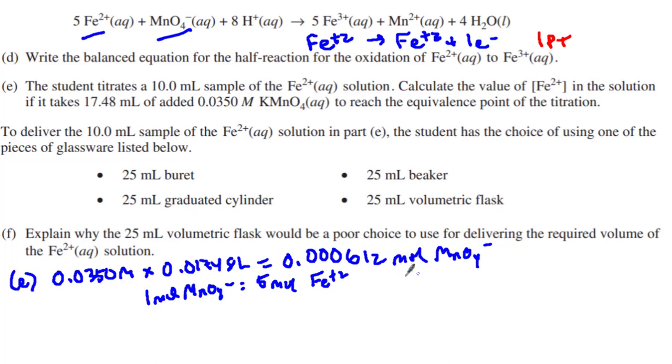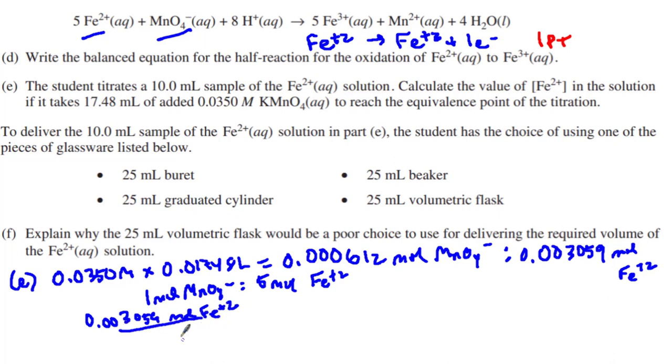So we need to take this value and multiply it by 5, which ends up giving me 0.003059 moles of the Fe plus 2. What do we do then with moles? In order to find molarity, we're going to take that 0.003059 moles of the Fe plus 2, and divide that by the number of liters of the Fe plus 2, which is 0.010 liters.